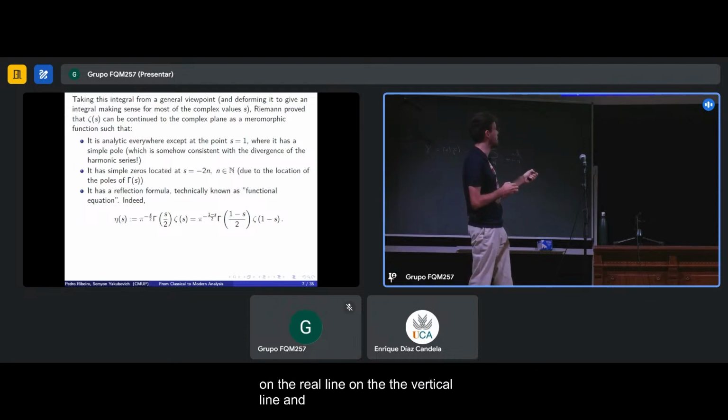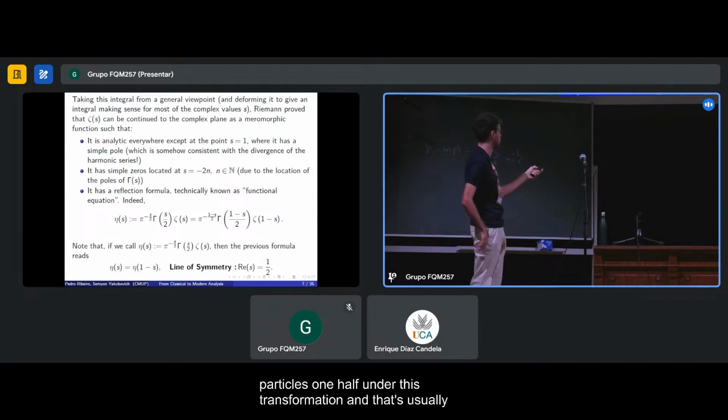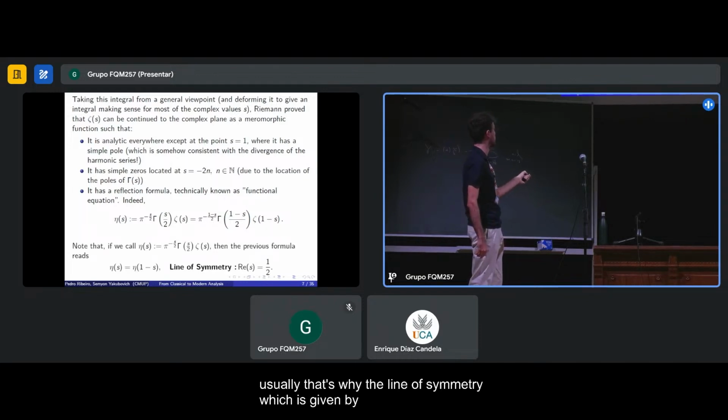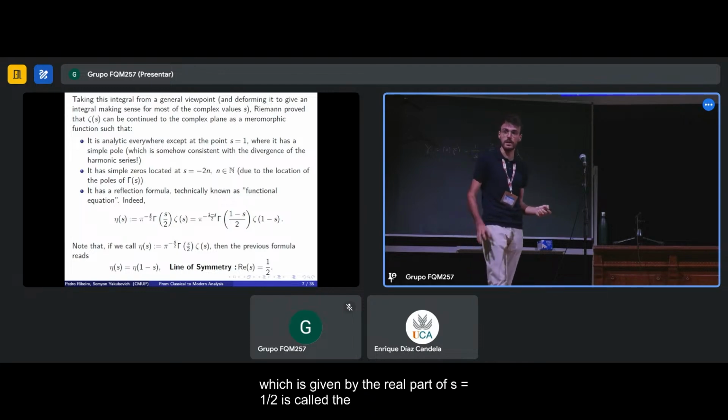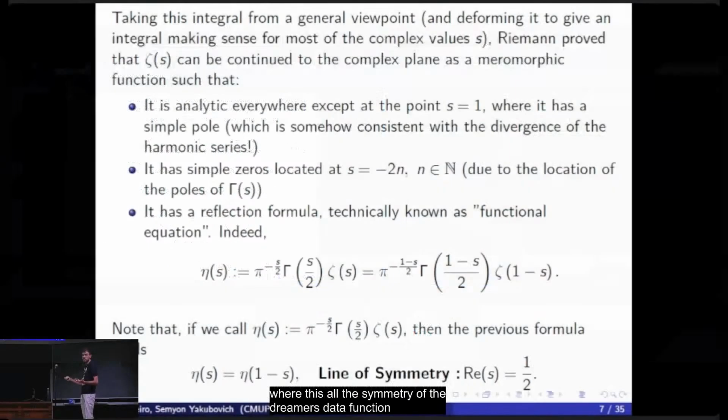If you take s equals 1/2 plus it, the vertical line with real part equal to 1/2 stays invariant under this transformation. That's why the line of symmetry, given by the real part of s equals 1/2, is called the critical line. It's where all the symmetry of the Riemann zeta function relies.